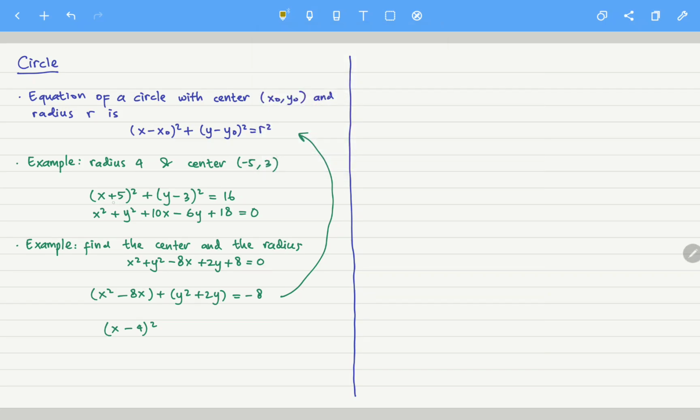So in this case, if we have 10x, then it is equal to x plus 5 squared. We have minus 6y, then we should have y minus 3. In this case, we have minus 8x. If we divide minus 8 by 2, we will get minus 4. And then also in this case, we have 2y. So we should write y plus 1 squared.